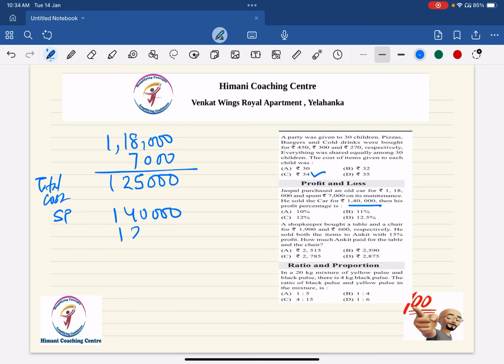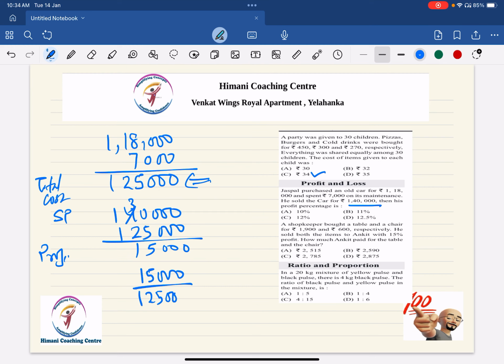They are asking his profit percentage. So first let us find his profit. So 0, 0, 0, 10 minus 5. Now this becomes 3 minus 2. So he earned a profit of 15,000 on a cost price of 1,25,000. So how do we find profit percentage? Profit divided by cost price, which is 1,25,000 here, times 100.